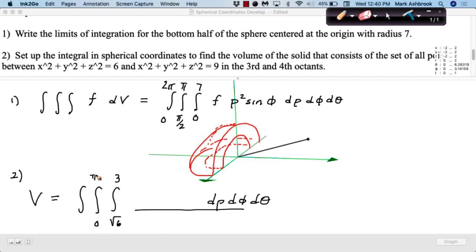And then theta, pi to 2 pi. And then if we want the volume of that thing, what will I integrate? Right, it'll be like 1. The function would be 1, and then we'll have the rho squared sine phi. So when we do the math, we'll be working on the antiderivative of rho squared sine phi.